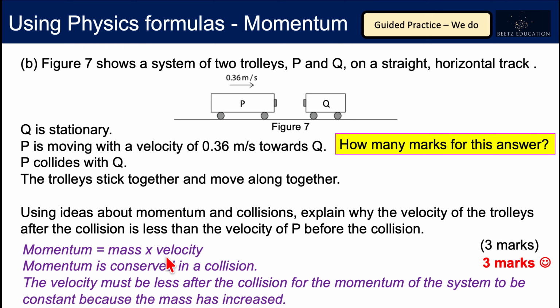And for momentum to stay the same after the collision, then you're going to have a decrease in the value of velocity, which is what the student has said in the final sentence. And they pick up specifically the third mark for mentioning an increase in mass there.